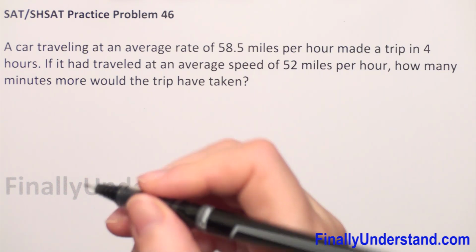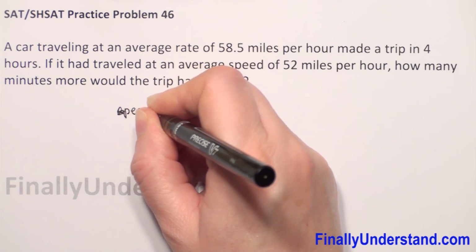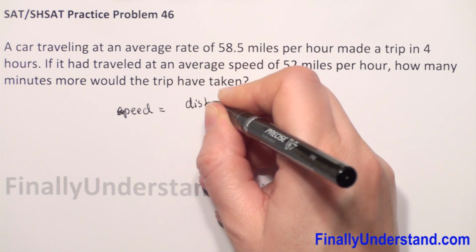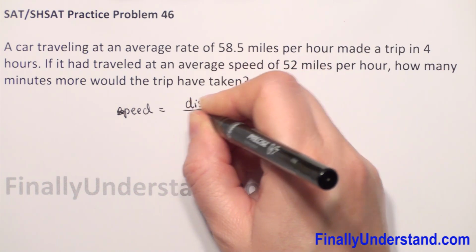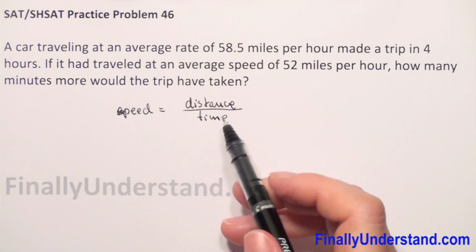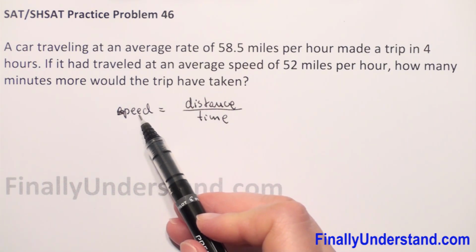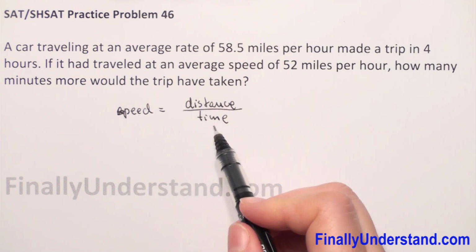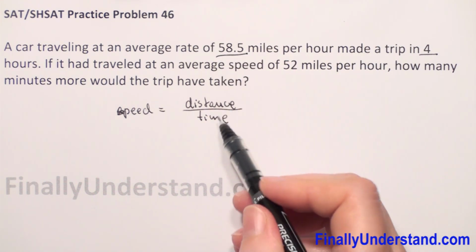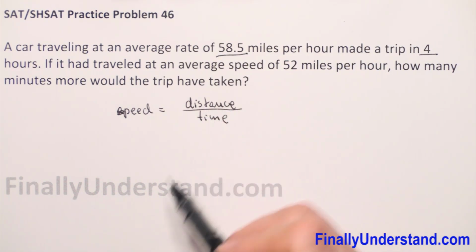So we know that speed is distance over time. From this formula we can calculate the distance, because we are given the speed and the time. So we will have the distance which the car must pass.